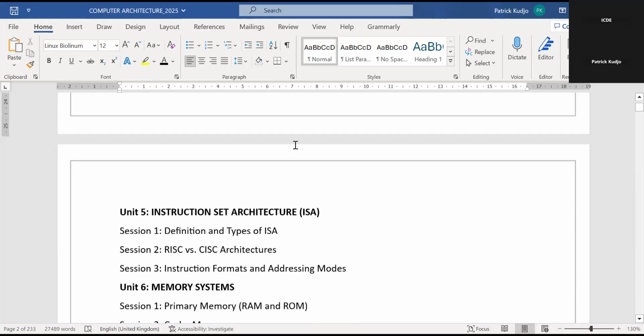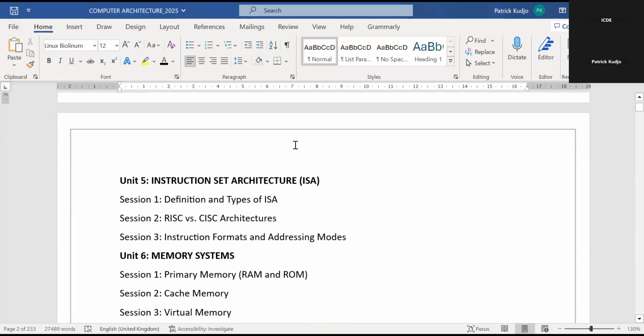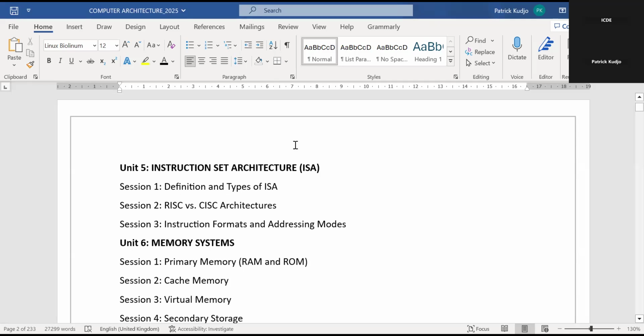Then unit 5 will look at the instruction set architecture. Here we are looking at the definition and types of ISA, and the full meaning of ISA is instruction set architecture.